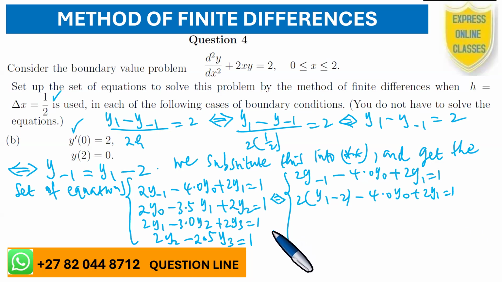And then if we multiply everything here, we're going to have minus 4y0, which is minus 4.0y0. Then you have 2y1 plus 2y1, giving us a 4y1. And then you have minus 4 plus 1, giving us a 5.